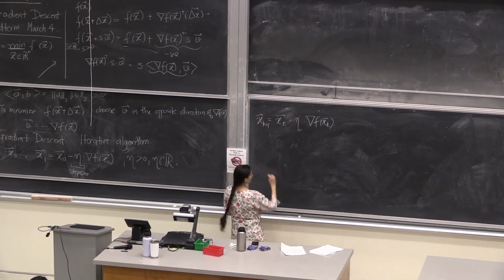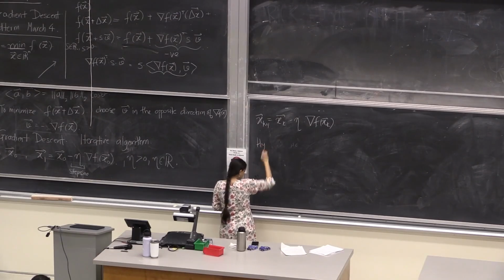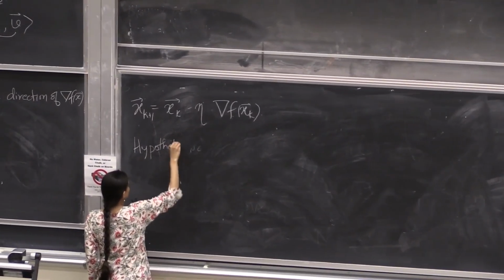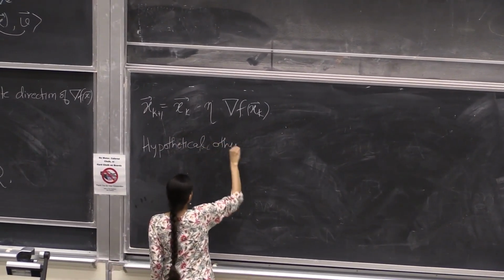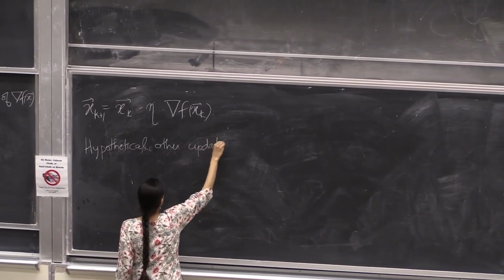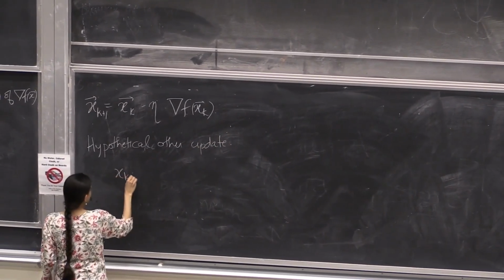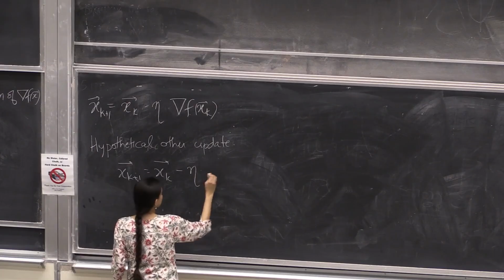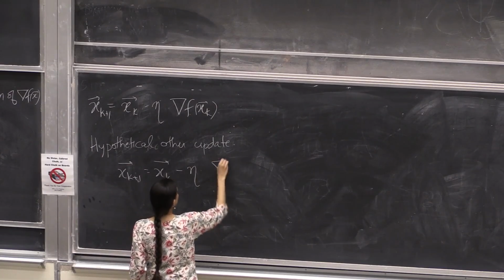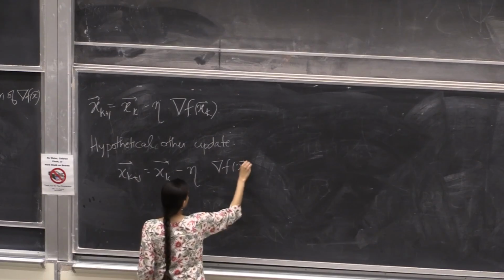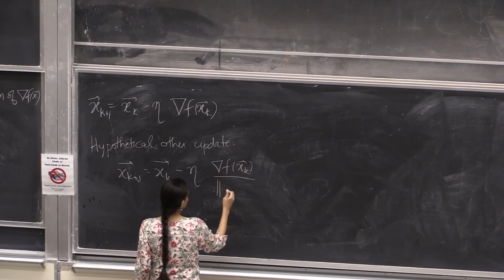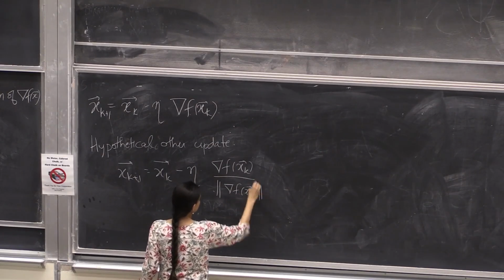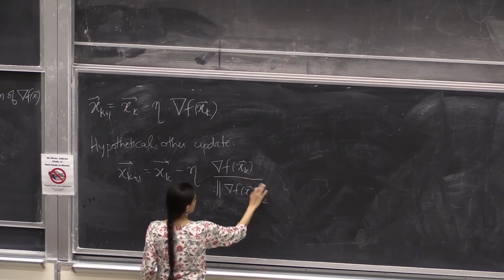Okay, so let's say hypothetically there is another update rule: xk plus 1 is equal to xk minus eta times the normalized gradient.